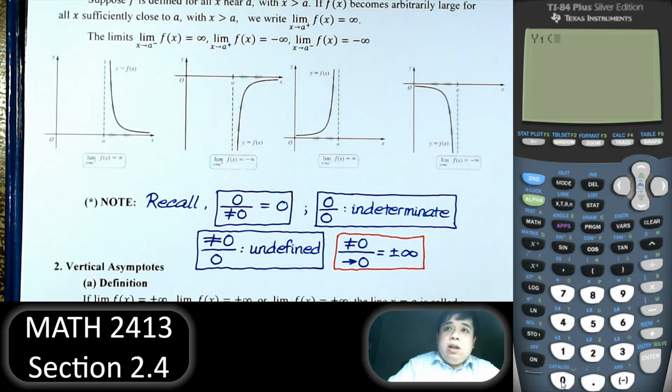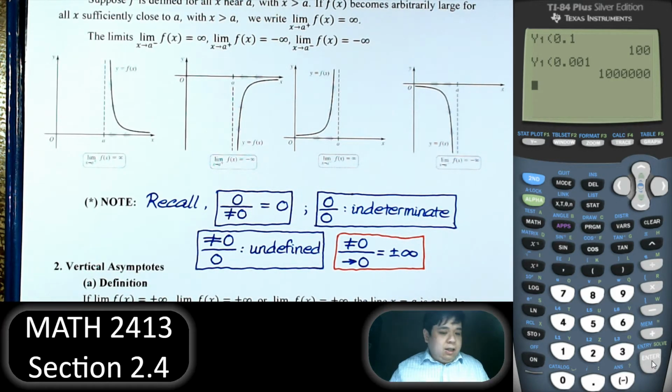Now if we put a number close to 0, like 0.1, and then 0.001, we go back to this.